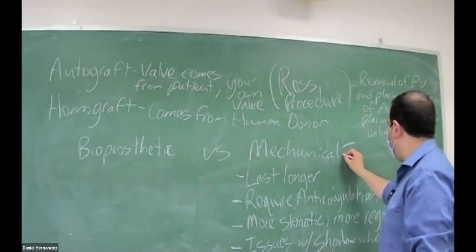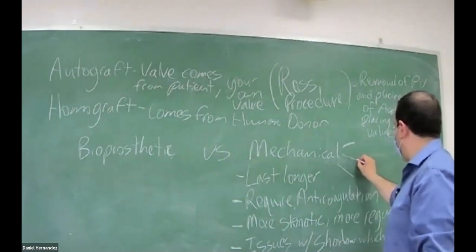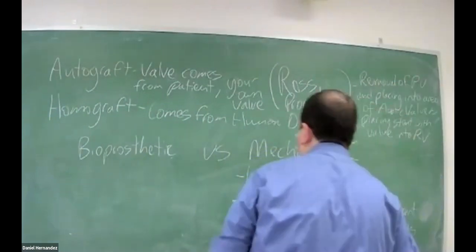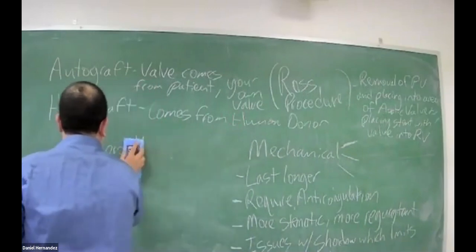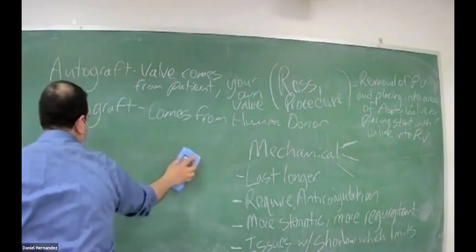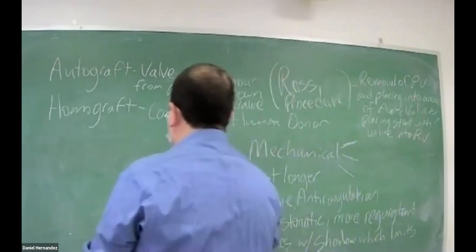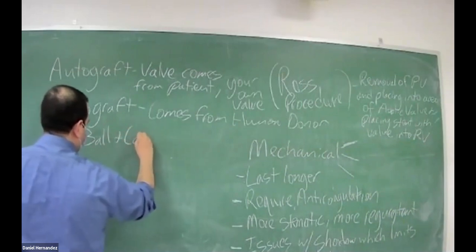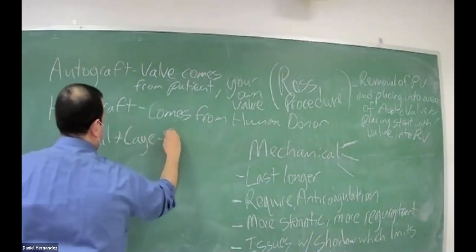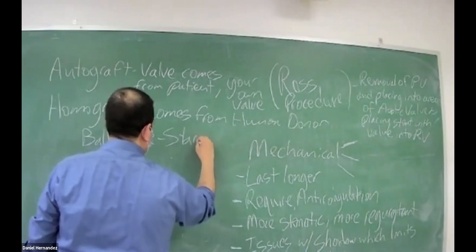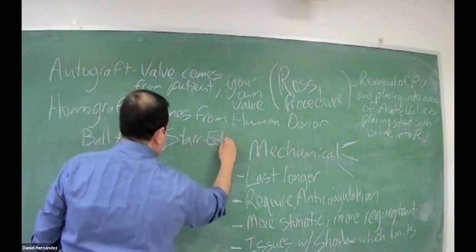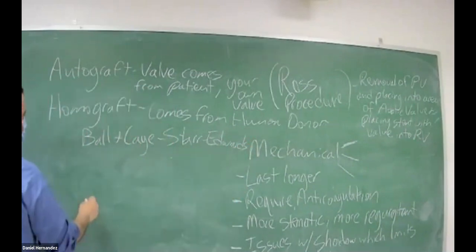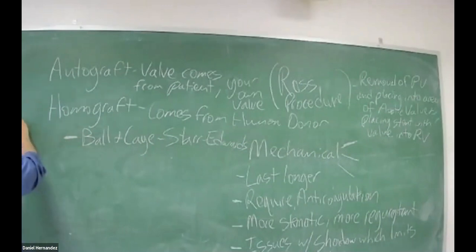So our three main mechanical valves. You have the ball and cage. This is your Starr Edwards. Mechanical.